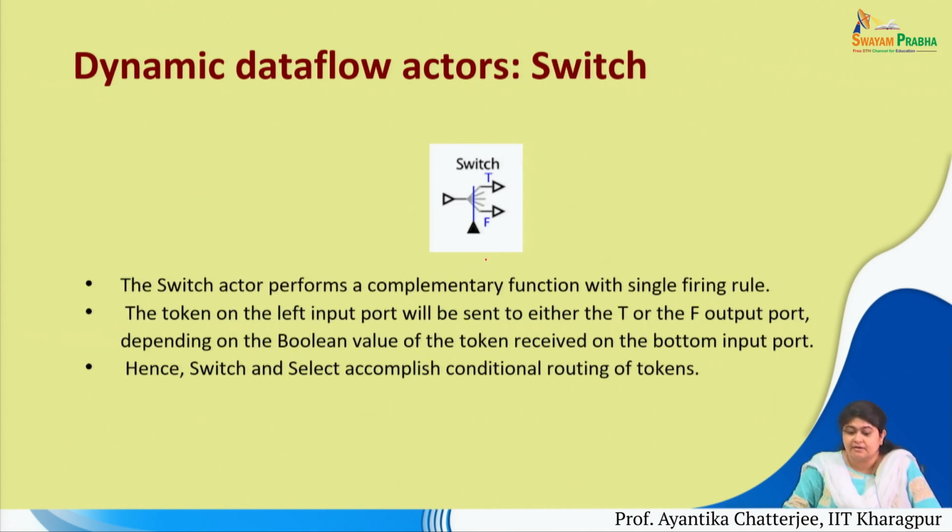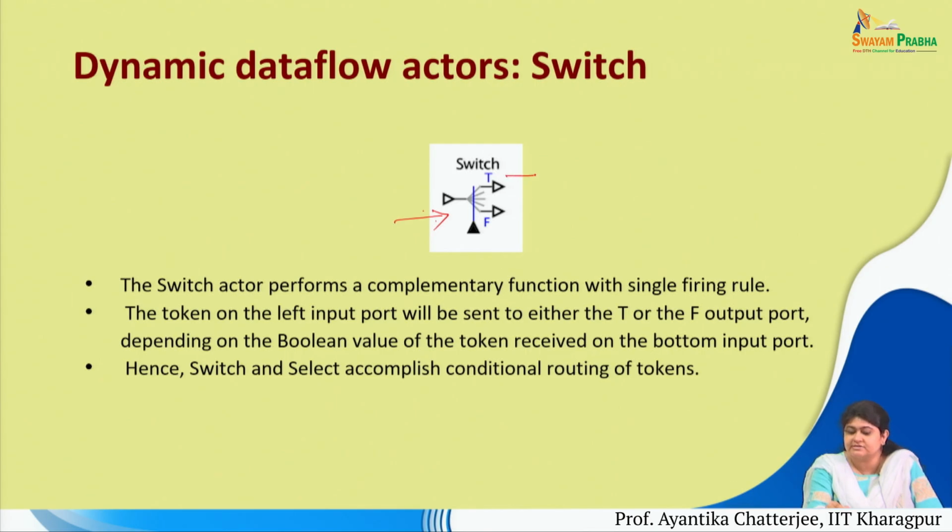Okay. The next actor is the switch actor. And the switch actor is actually doing the reverse. If some token input is coming, the switch actor is deciding which part the output will go to when it fires a transition.